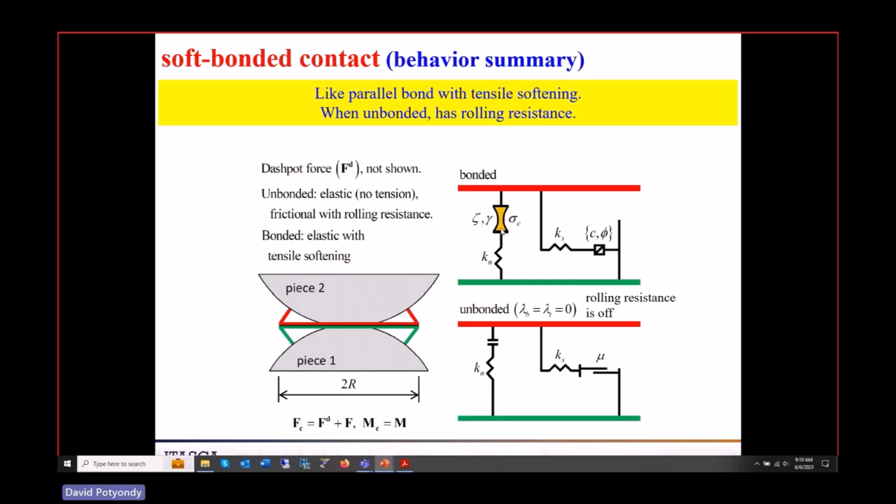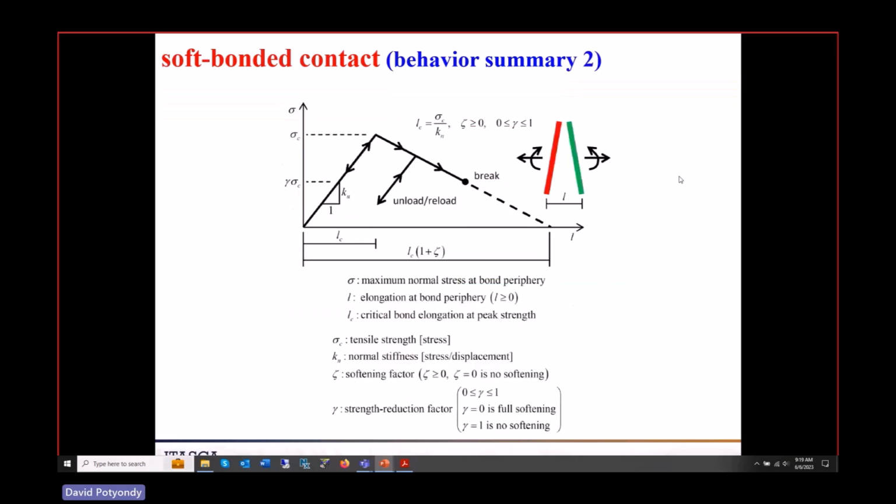If you start pulling on it, it doesn't just snap, it starts to slowly neck down, and the stress that it carries gets less and less as you continue to stretch it. That's what this soft bond is. It's a parallel bond with tensile softening. And so that's what this kind of looks like.